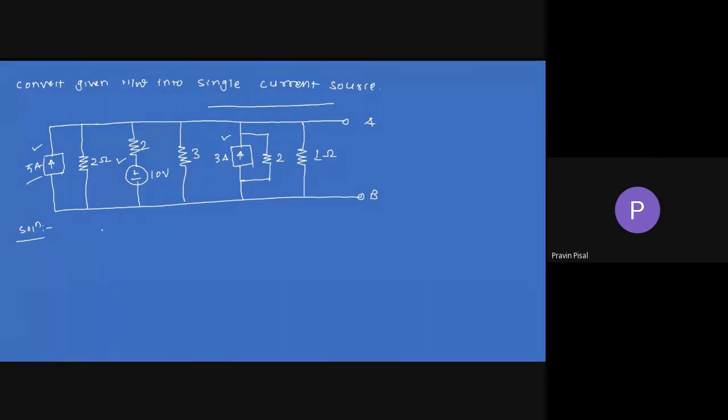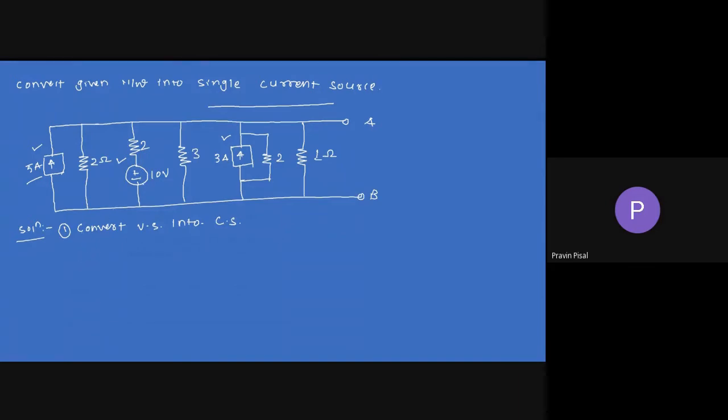Okay. Now we will be solving with the method which we have discussed in the previous question. Convert the voltage source into current source. Okay. So here we have only one voltage source, so we can convert that. After converting, what will be the answer?